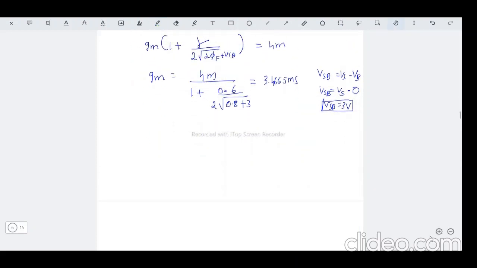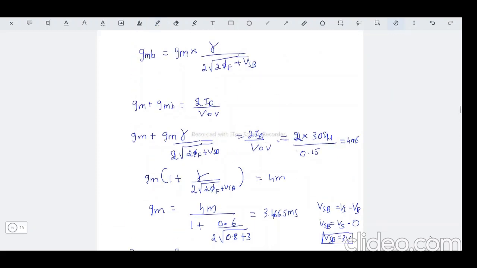So finally the gain of the common drain, source follower amplifier is gm divided by gm plus GMB. So we obtained gm as 3.466 millisiemens, and gm plus GMB we obtained as 4 millisiemens, that is nothing but the same 2 into 300 micro over VOV, which we just evaluated here.